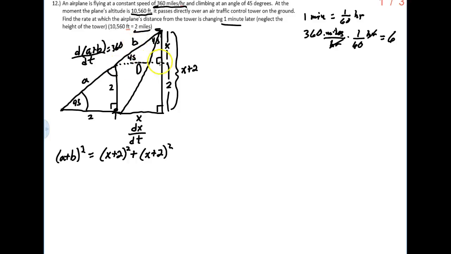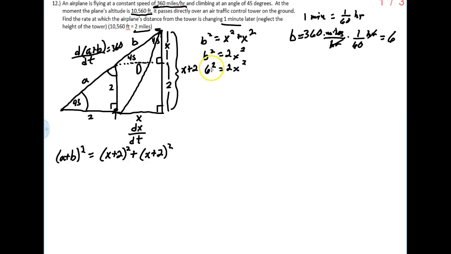So if I look at this small right triangle here, I can say that B squared is equal to X squared plus X squared, or B squared is equal to 2X squared. And we just figured out that B is 6 miles. So 6 squared is equal to 2X squared.